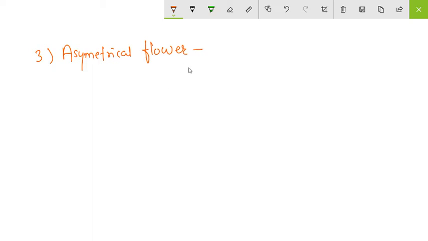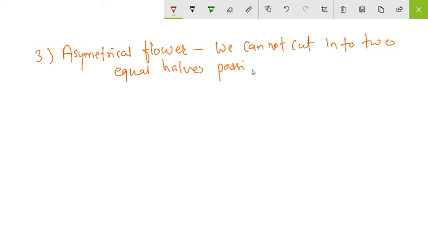Asymmetrical flower means we cannot cut this flower into two equal halves passing through any plane of the central axis.